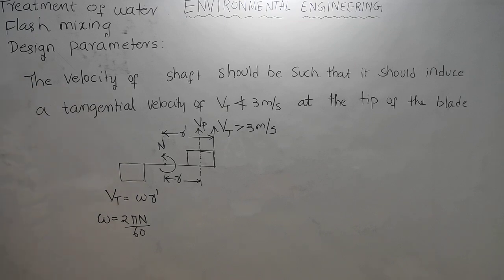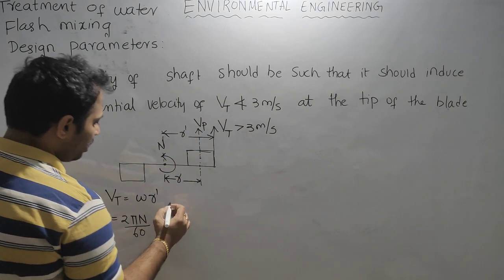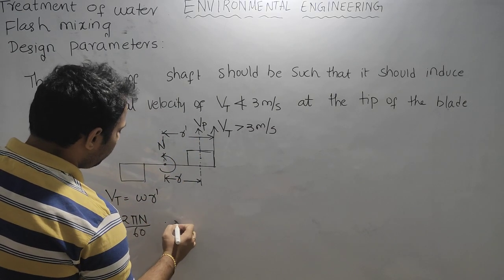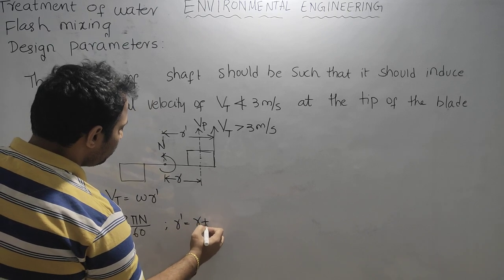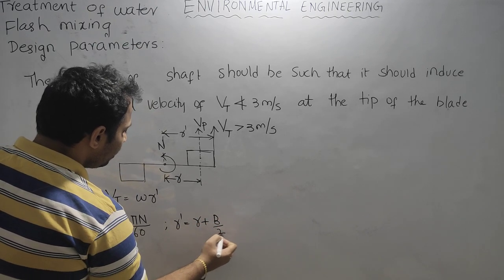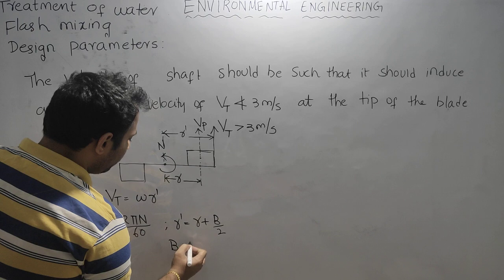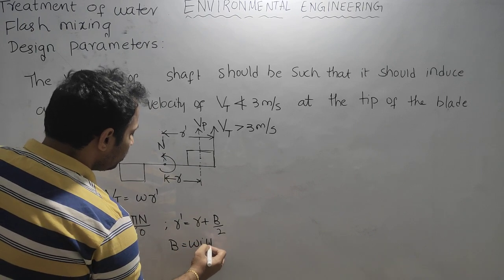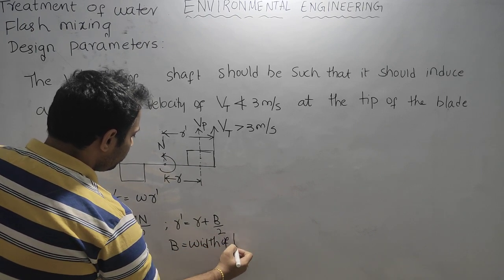R dash is equal to r plus B by 2, where B is the width of the blade.